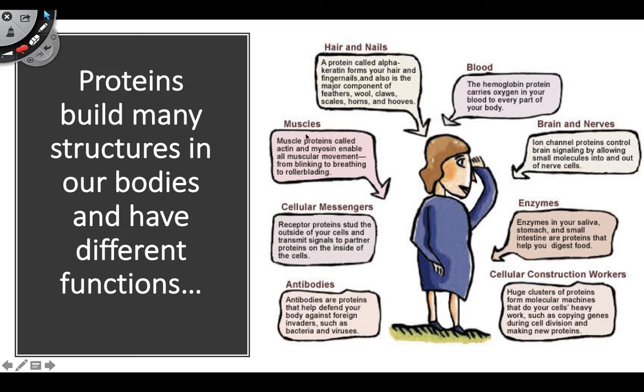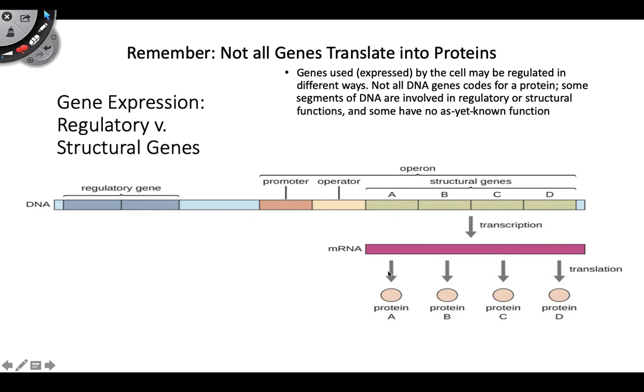We have proteins forming your muscles. We have proteins acting as cellular messengers. We have receptor proteins that transmit signals. We have proteins acting as antibodies that are part of your immune system and help you fight off infections caused by bacteria or viruses.